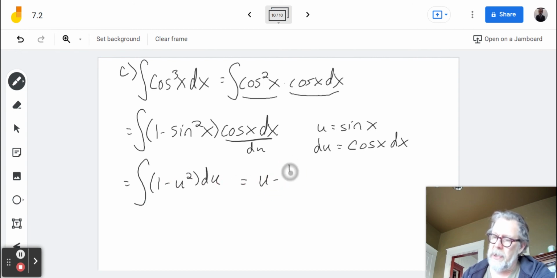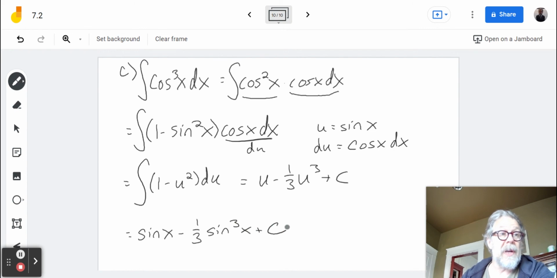It's super easy. It's u minus 1/3 u cubed plus a constant. And then plugging the sines back in, I get that it is equal to sine x minus 1/3 sine cubed x plus a constant. And boom, the antiderivative, or the integral, of cosine cubed x is sine x minus 1/3 sine cubed x plus a constant.